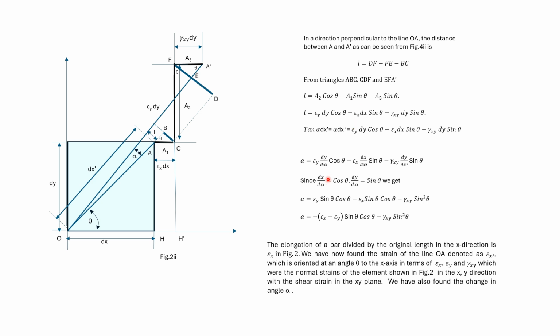As earlier, dx divided by dx dash is cos theta and dy divided by dx dash is sin theta, which we substitute in this expression. So we get alpha in terms of epsilon x, epsilon y, gamma xy and theta.